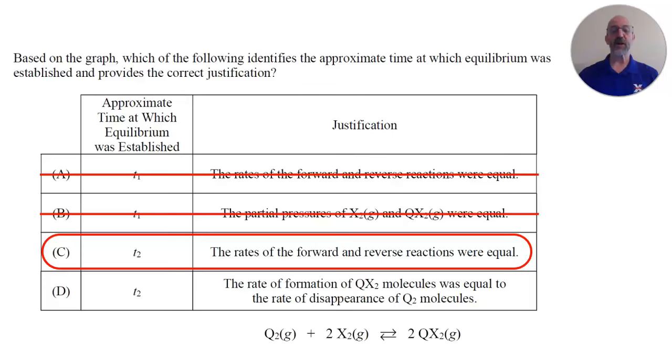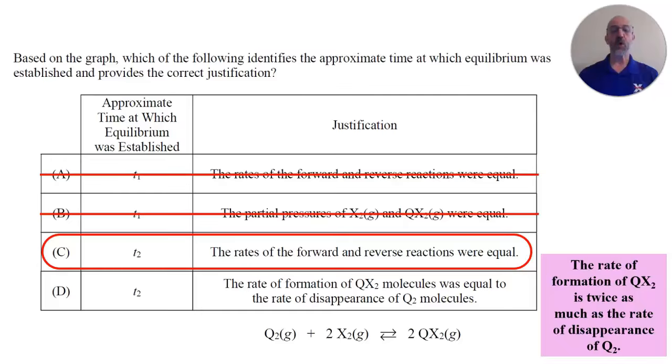It has to do with the coefficients. So notice that we have coefficients from left to right of 1, 2, and 2. So focusing on the molecules of QX2, which is a product, and the molecules of Q2, one of the reactants, we can see that that is not a 1-to-1 ratio. So for every 1 Q2 molecule that is consumed, 2 molecules of QX2 are produced.